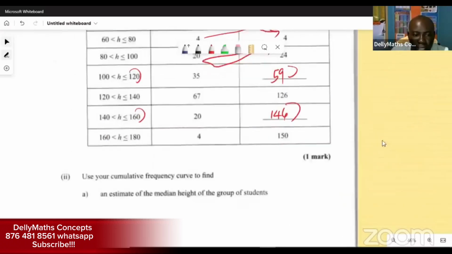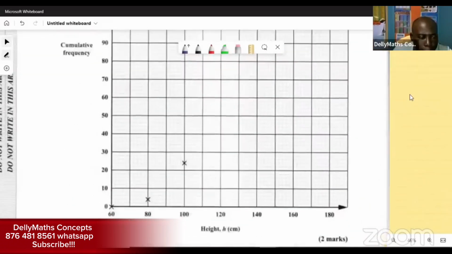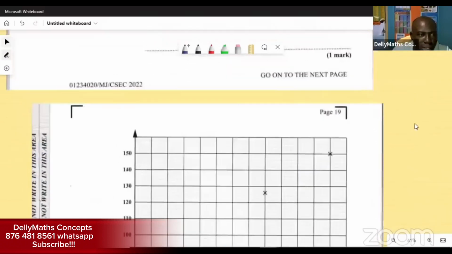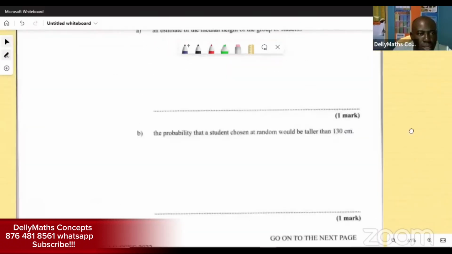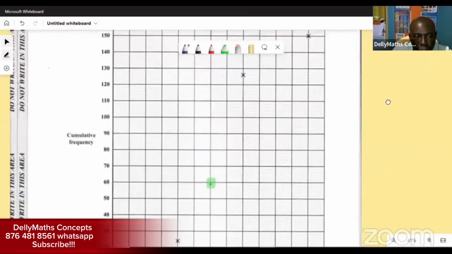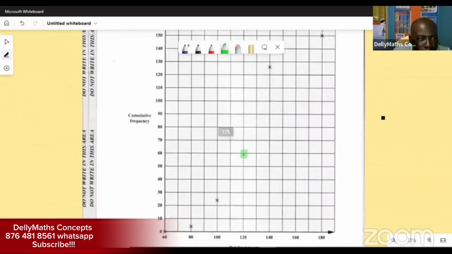So those are what we're plotting. 120 goes up to 59, and 59 is right in that empty spot right here. And then what's the next one? 160 with 146. So 160 is all the way out there, 146.